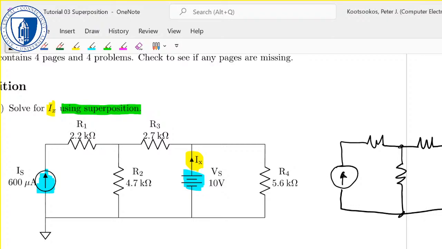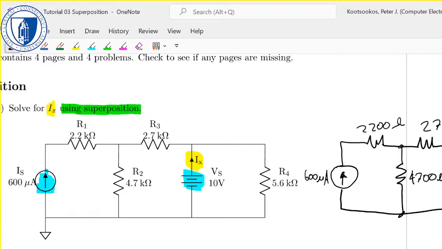Right, so that's 600 microamps, that's 2200 ohms, that's 2700 ohms, that's 4700 ohms, and that one's 5600 ohms. Now notice what I've done.